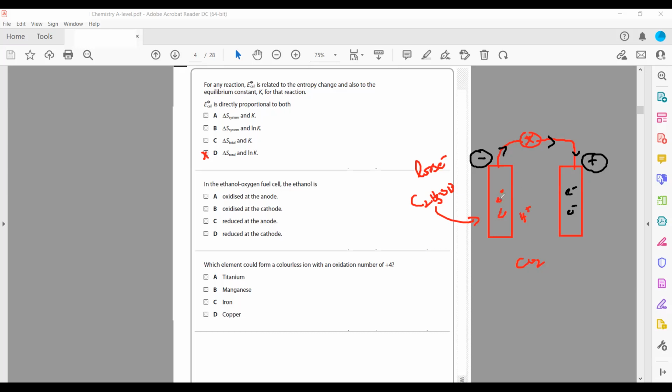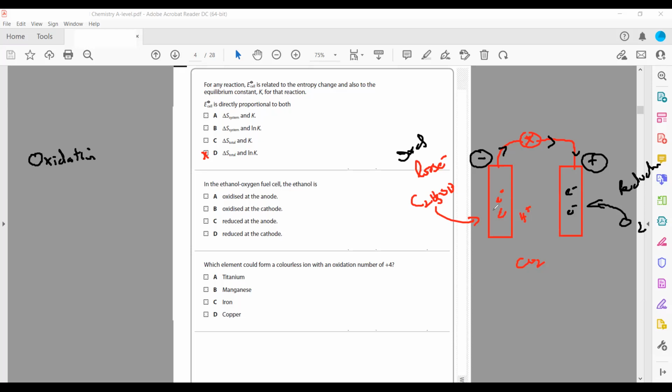So when ethanol is there, it loses electrons, so it is oxidized. Then the oxygen will gain electrons, so for oxygen, reduction happens because it gains electrons. So on one side oxidation happens, on the other reduction happens.